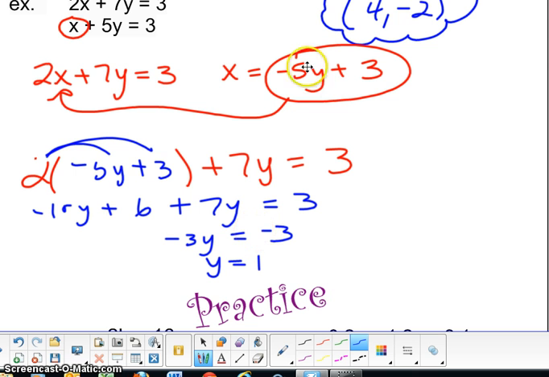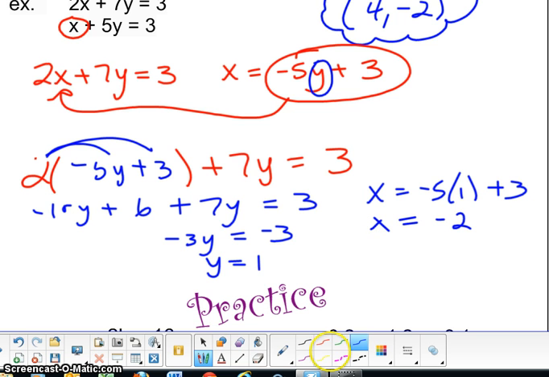And then plugging that in for the y here, x equals -5 times 1 plus 3, and you end up with -2 for x. And we can end with the ordered pair -2, because the x value always comes first, and 1 is going to be your y value.